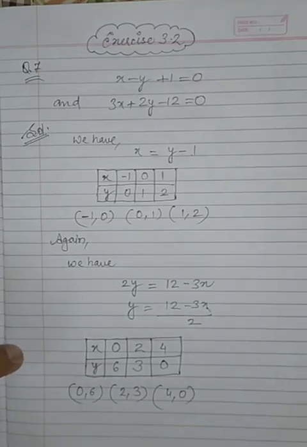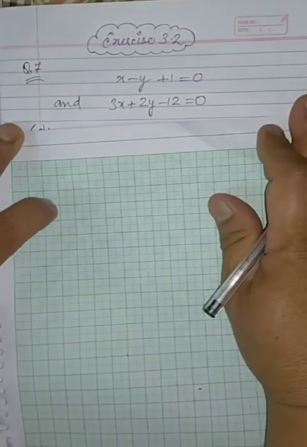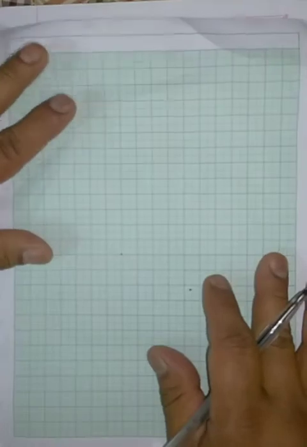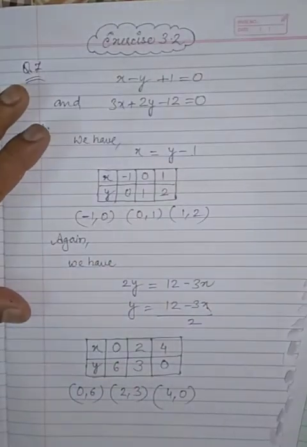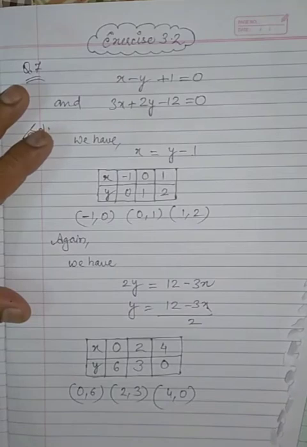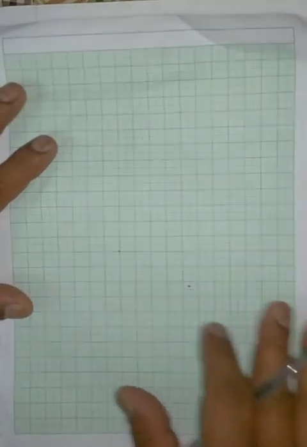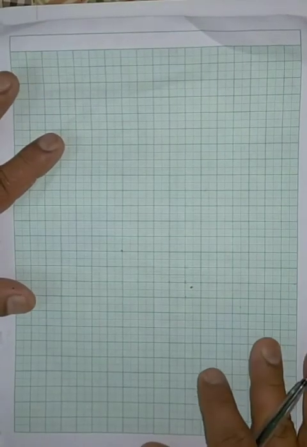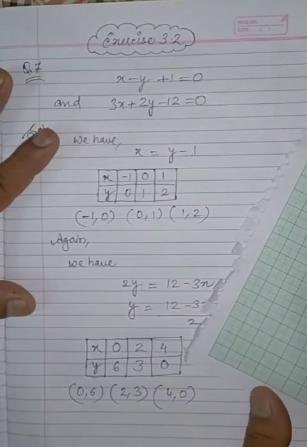Now let's plot this in the graph paper. So like previously I have shown you in the graph, we have to be very alert in making the axis x and y, because we are not going to divide the graph paper into 4 equal parts. We will use it according to the space required on x and y axis.